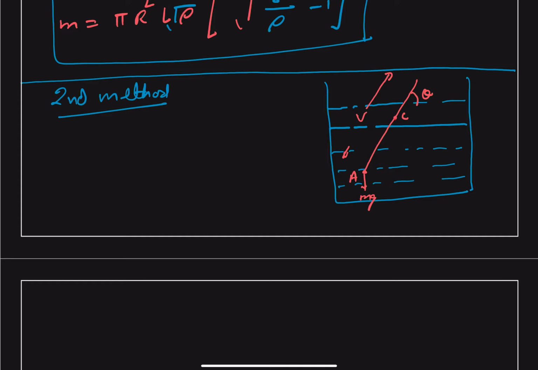Therefore capital Mg will be acting in the downward direction, and there will be a buoyant force acting in the upward direction. That will be because of only the submerged part in the liquid, and let us call the submerged length small l, and this is our point D. So we are going to have an upward buoyant force. Let us call this point B, and this will be the buoyant force in the upward direction.